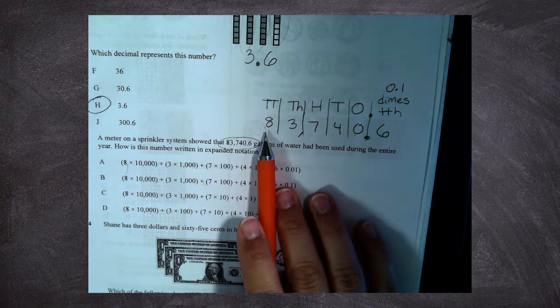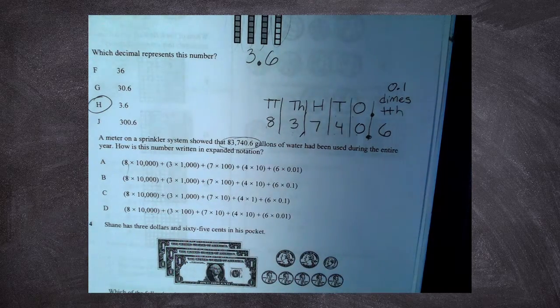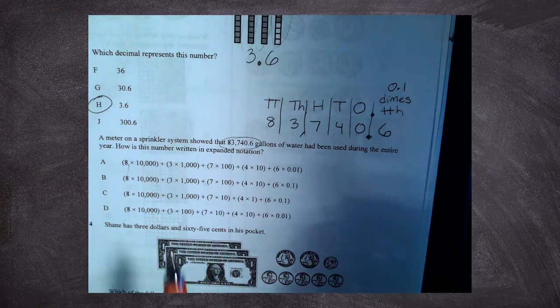Eight's the biggest place value. What's the next one? 1,000. And what digit is in the 1,000s? 3. So I need 3 times 1,000.